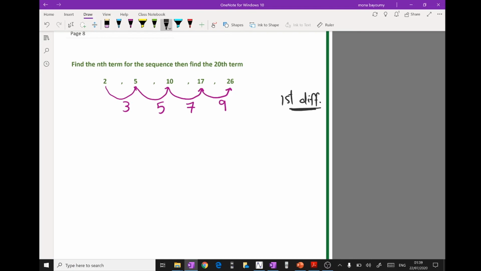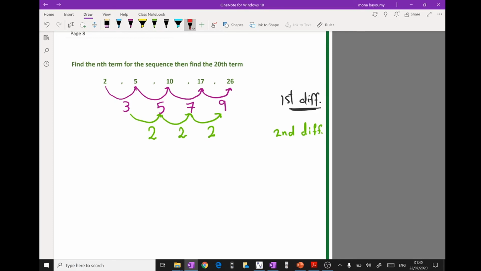So I have to find the second difference. 5 minus 3 is going to be 2. 7 minus 5, it will be 2. 9 minus 7, it will be 2. This is the second difference. Okay? Second difference common. This means the sequence will be a quadratic sequence.